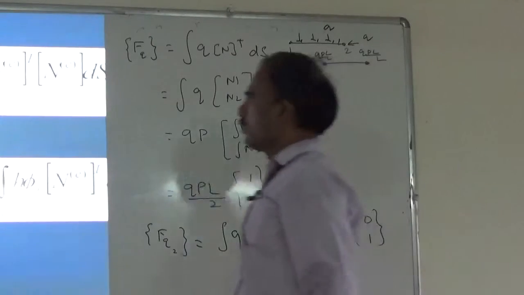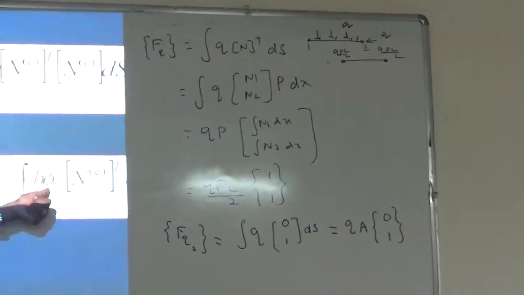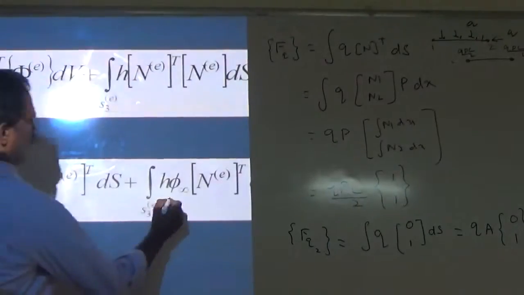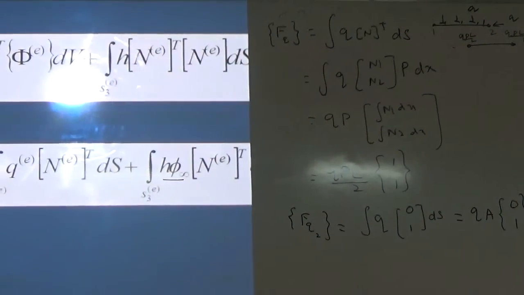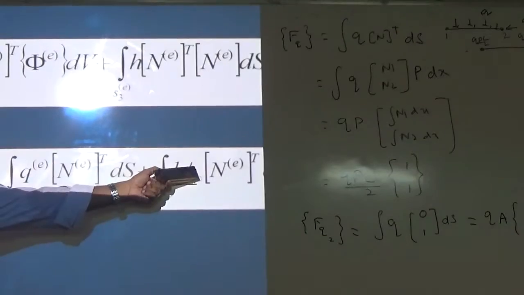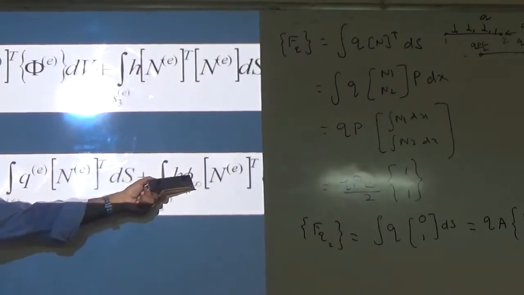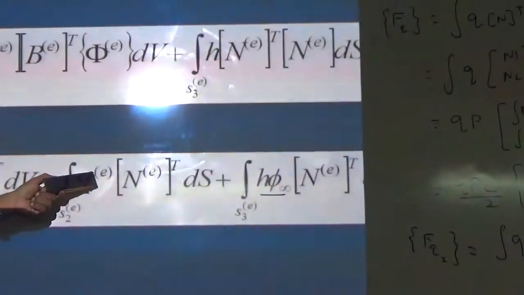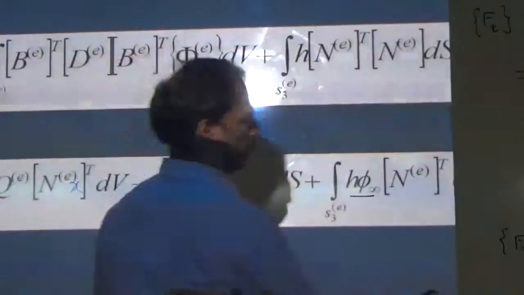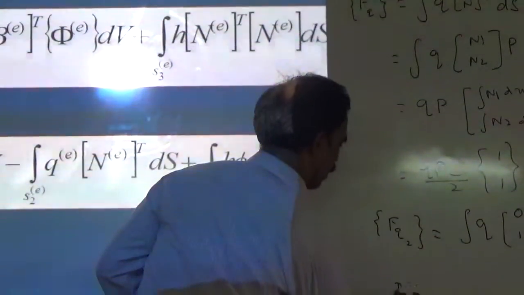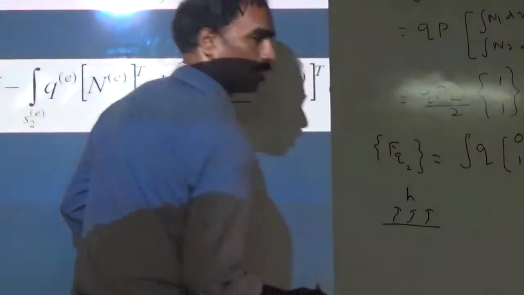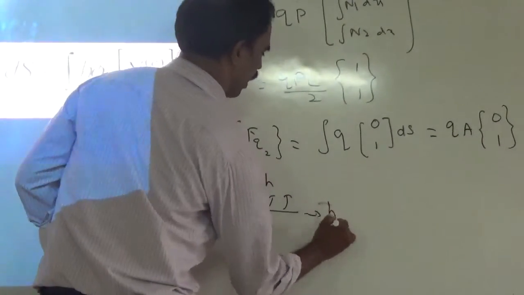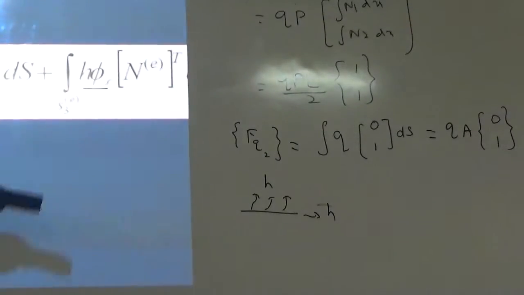Now let's go for the convection term. This H phi infinity, where phi infinity is the bulk temperature, the surrounding temperature, is equal to Q here. It is the same format. Again, this convection can be either on the perimeter or at the end node, either at node 1 or node 2.